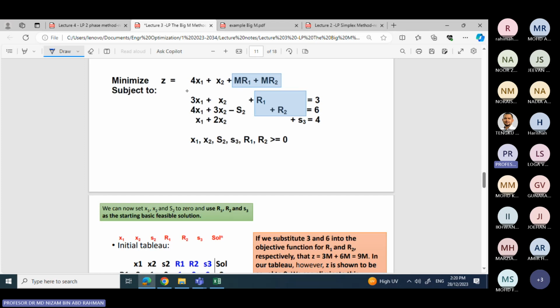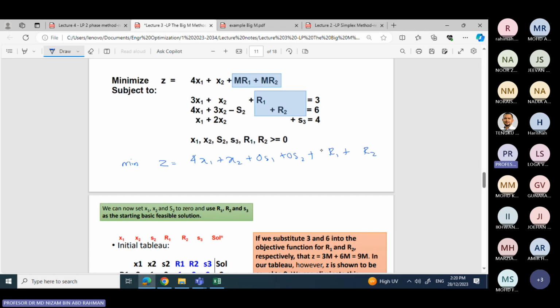The other thing that we need to do is rewrite the z value, right? So now, minimize z equals 4x1 plus x2, and if you want to include the slack variables, plus 0s1 plus 0s2, plus R1 (or A1) plus R2.